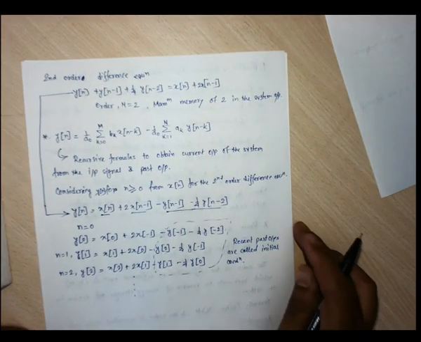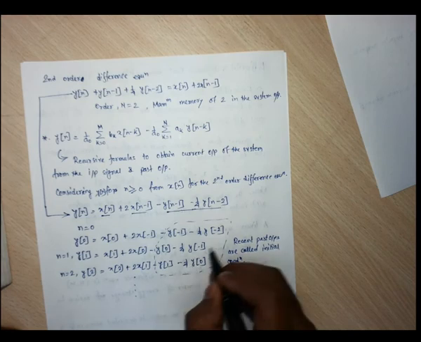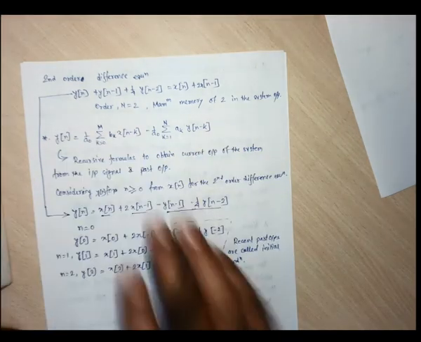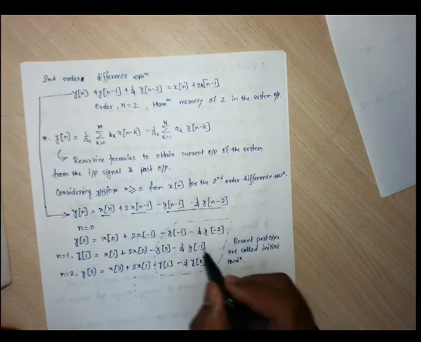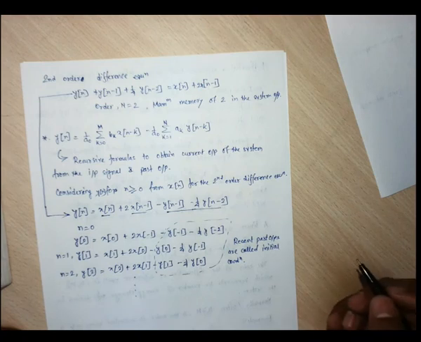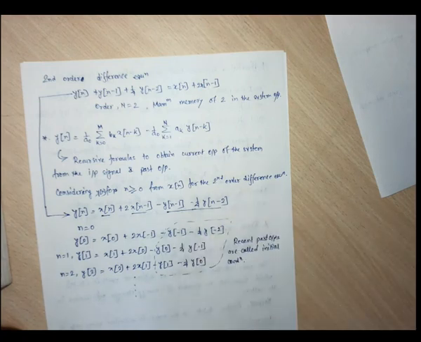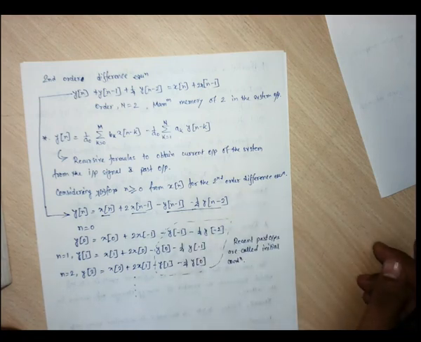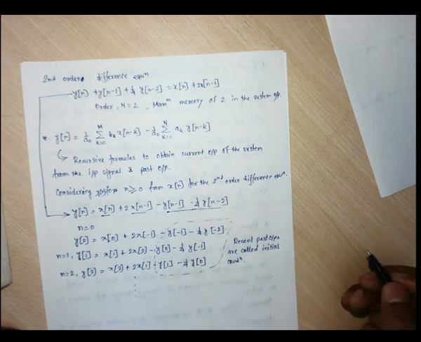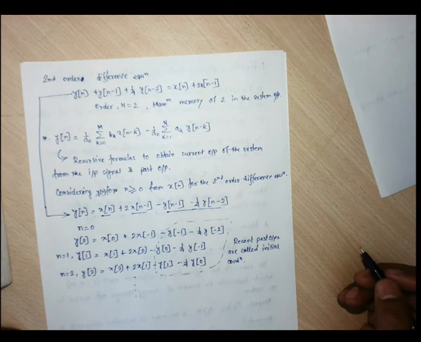So these recent past outputs are required to determine the future output of the system. The initial conditions have all the information about the system's past that is needed to determine the future output.